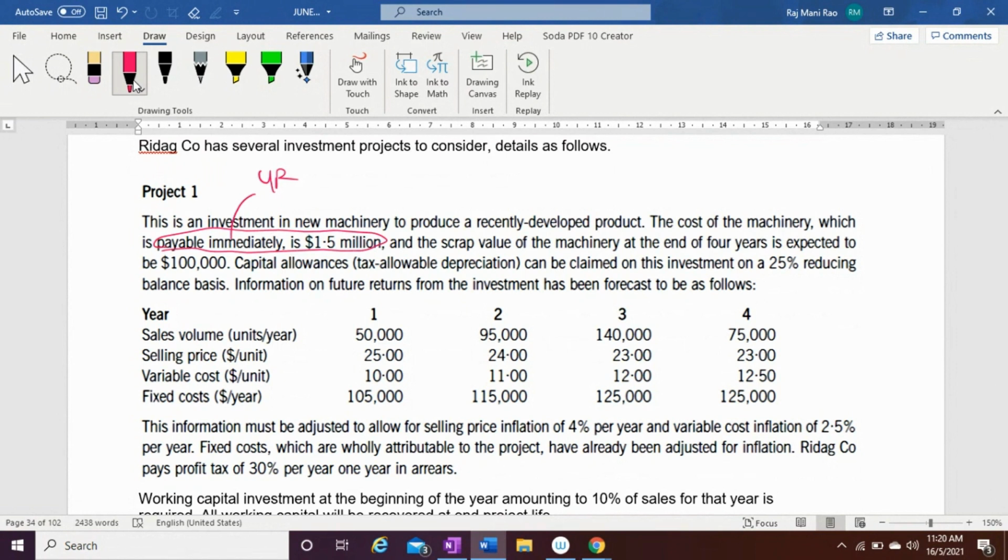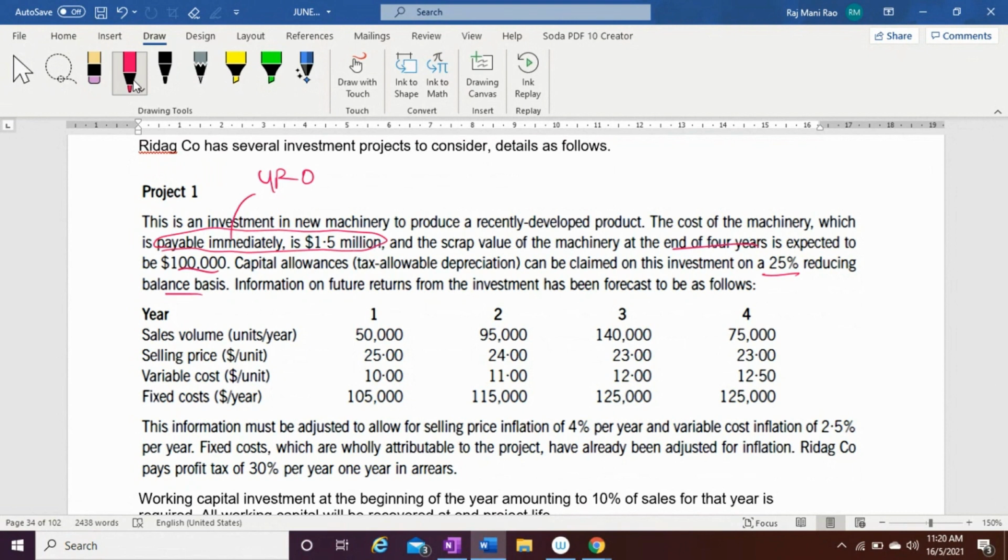Year 0. The scrap value at the end of 4 years is expected to be 100,000. Capital allowances can also be claimed on the investment at 25% reducing balance.